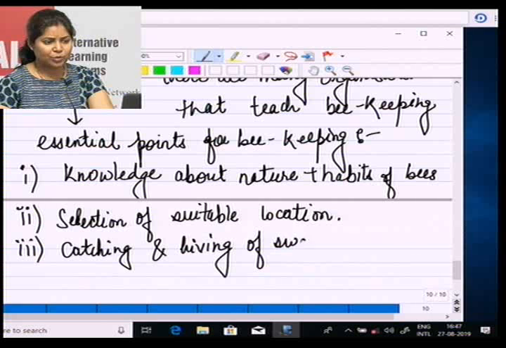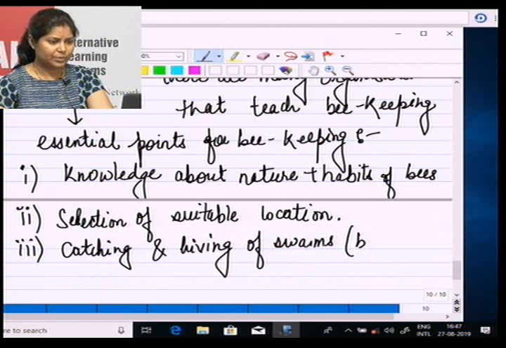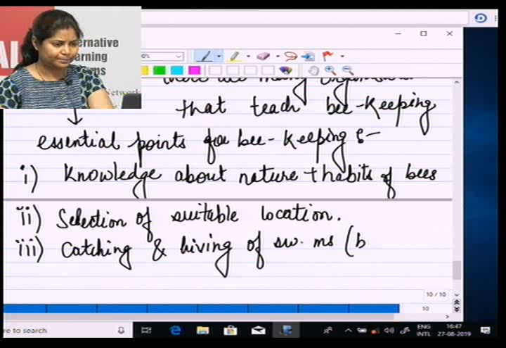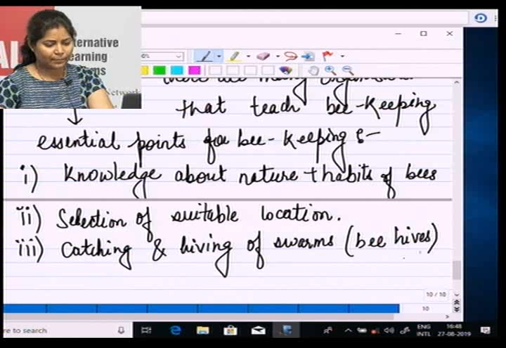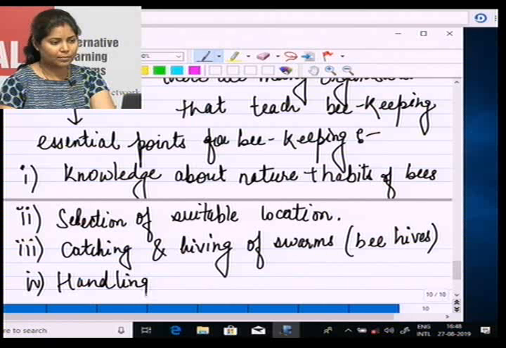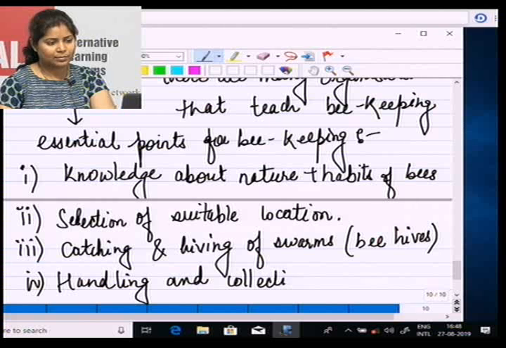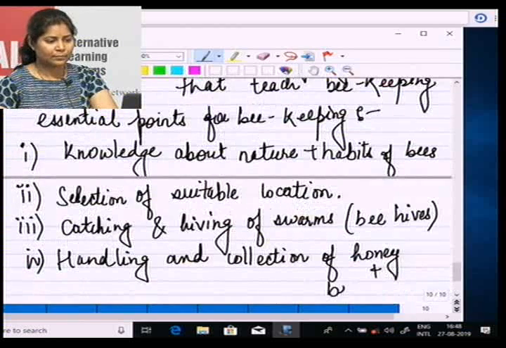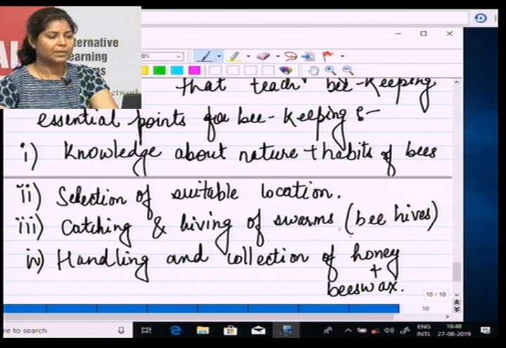Hiving of the swarm, you must be aware, a swarm is a group of bees. That is beehives. And the 4th thing we have is handling and collection of honey plus beeswax.